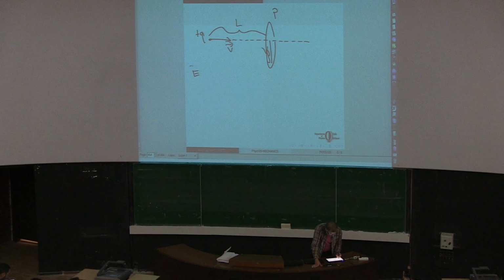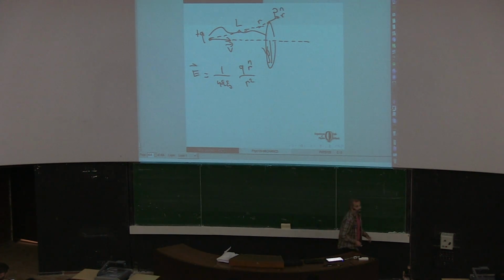The electric field, we already assumed that it was given by 1 over 4 pi epsilon 0 q r hat divided by r squared at this point, let's say. That is the distance r, this is the vector r hat on the edge. How should we proceed?